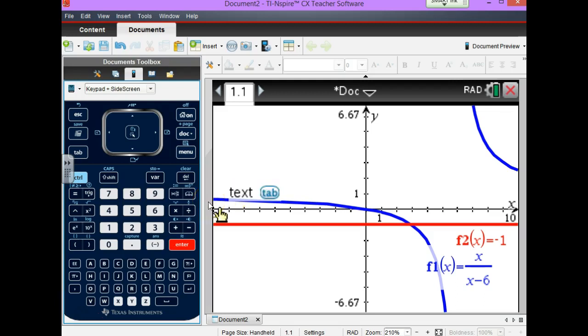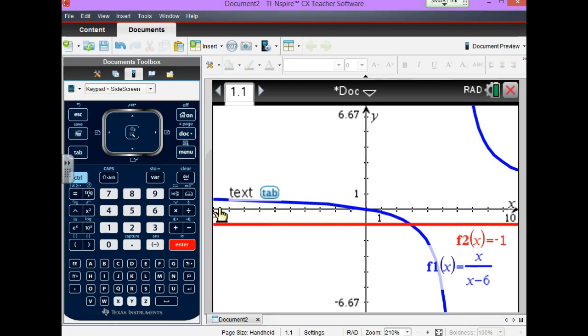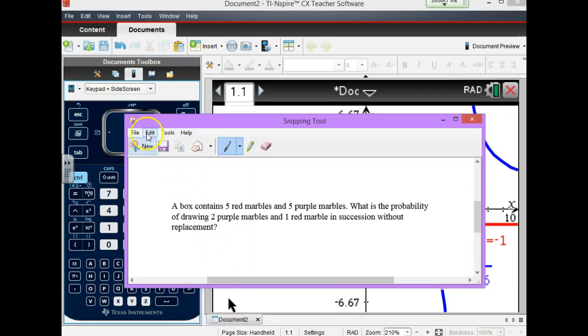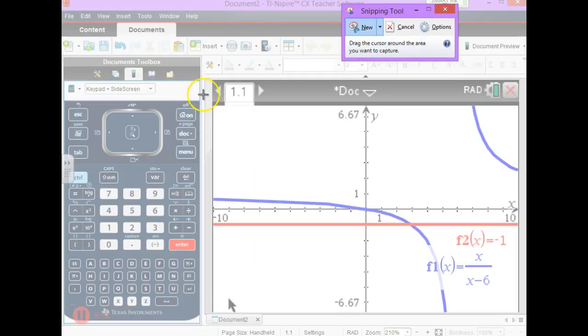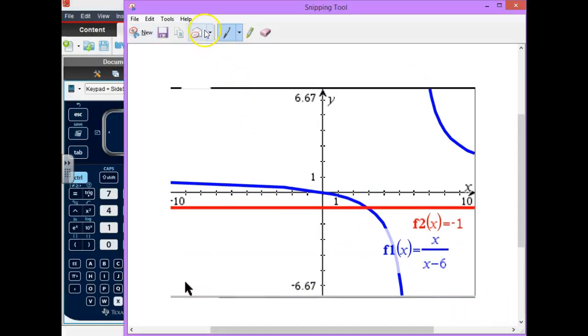And this is what I have so far. The next thing that we're asked to do, let me go back. I'm going to capture an image and see if we can save that. I'm doing this so I have a quicker reference.